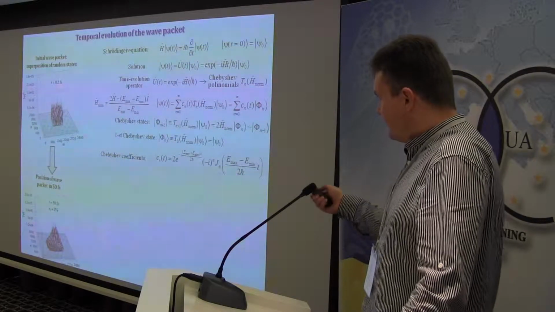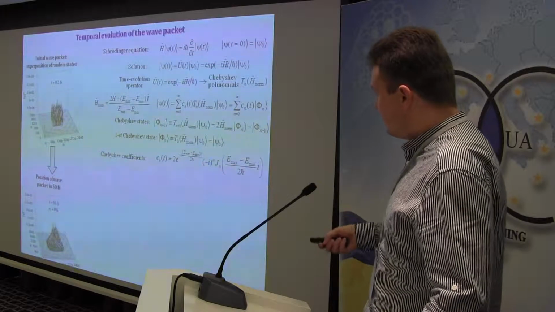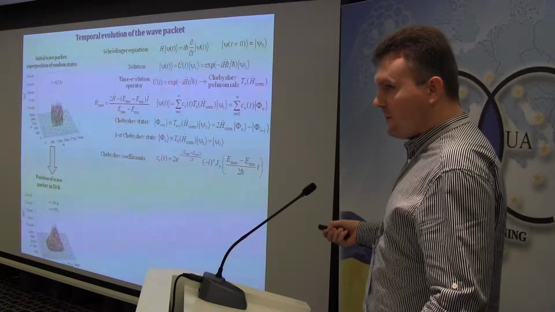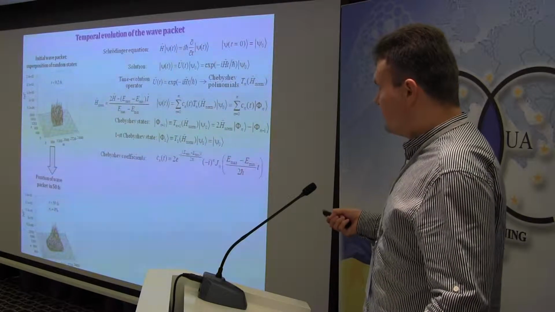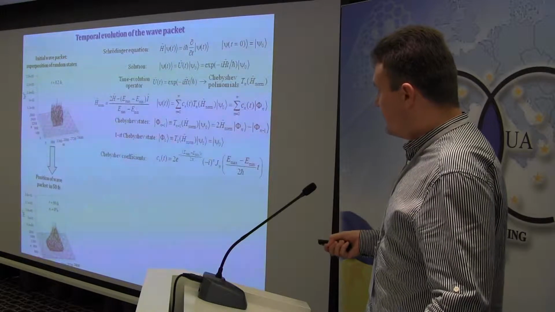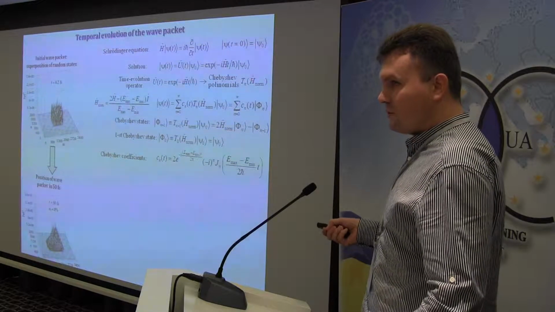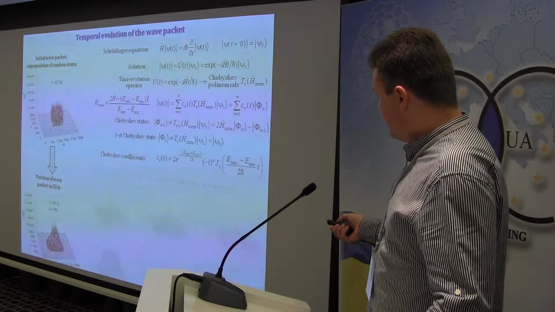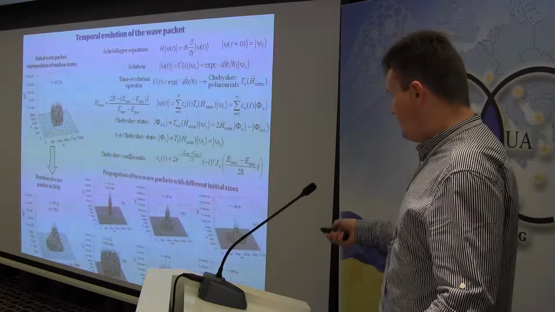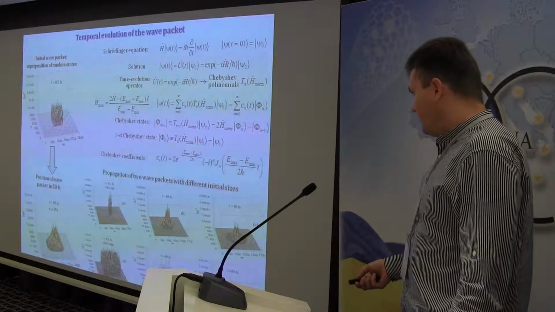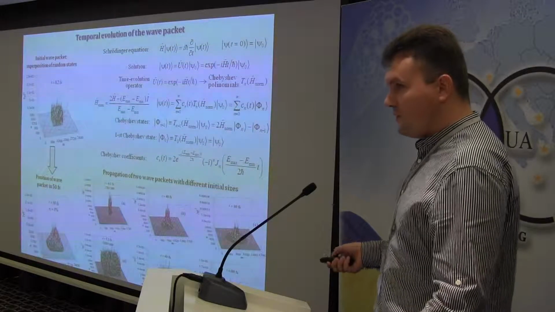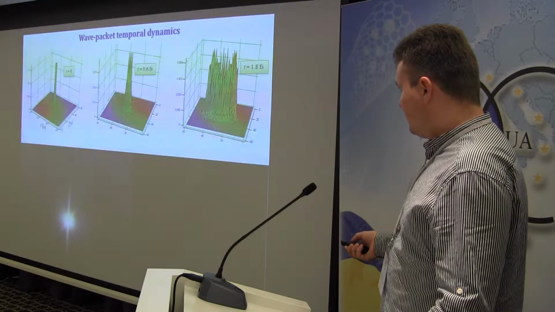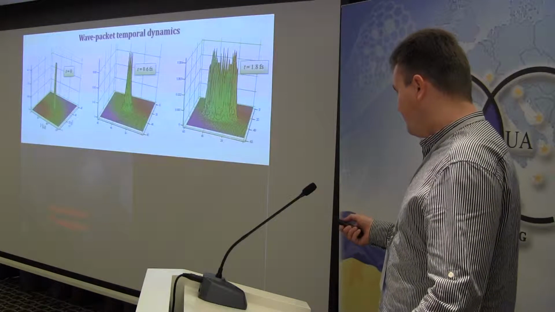As I have said, this wave packet is controlled by the Schrödinger equation. We use a very efficient method to solve this equation. We use the so-called Chebyshev method, where we expand the time evolution operator into Chebyshev polynomials. And here you can see how the wave packet propagates with different initial wave packet sizes. And some movies.